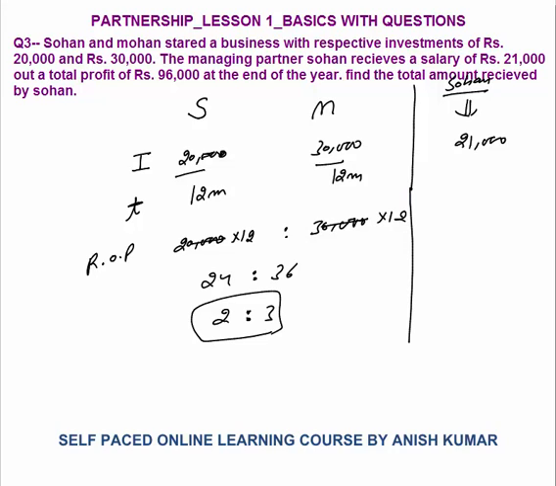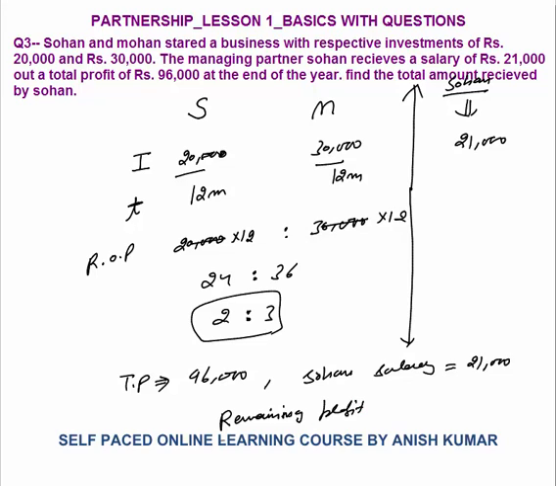Now, the question says that out of a total profit of 96,000, Sohan received a salary of 21,000. So total profit is 96,000, out of which Sohan's salary is 21,000. First he will get his salary, then the remaining profit will be how much? Remaining profit would be 96,000 minus 21,000, that is 75,000.